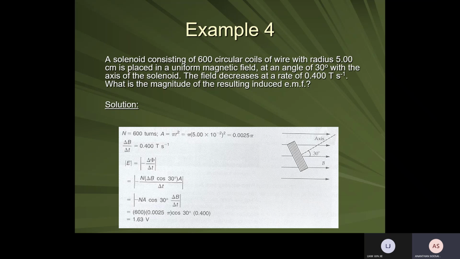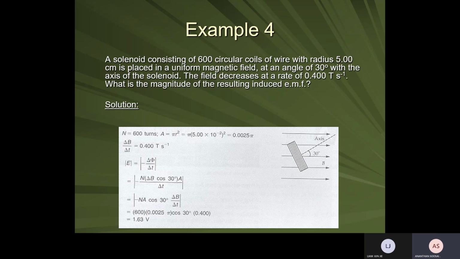But here B over t is changing, and B over t is actually 0.4 tesla per second. N is 600 turns. A is pi r squared because the coil is circular. So we get 1.63 volts generated.